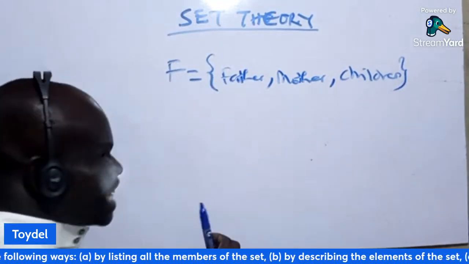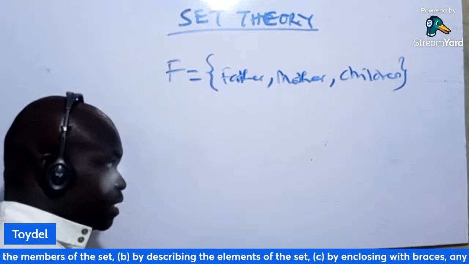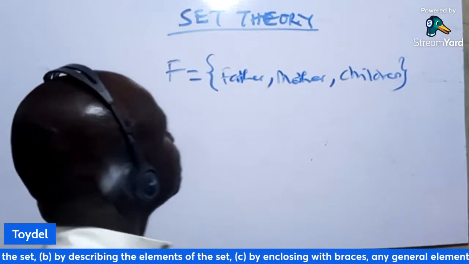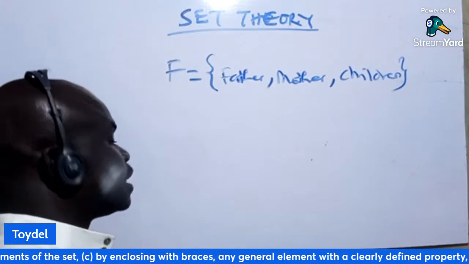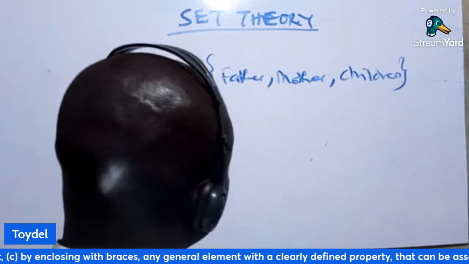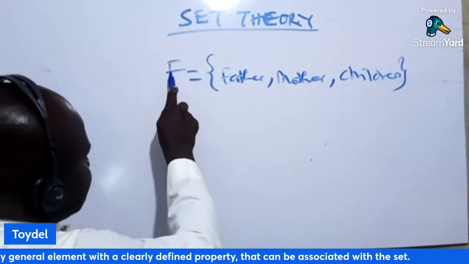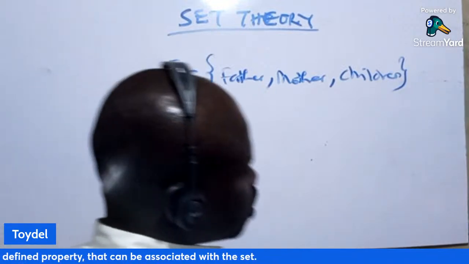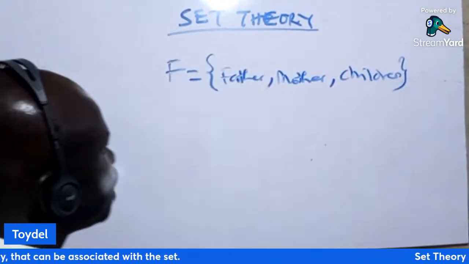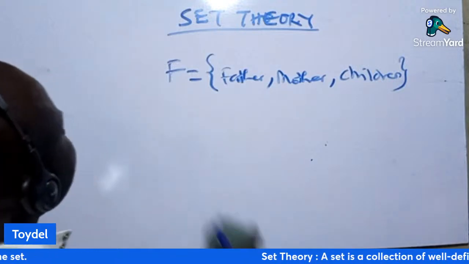A nuclear family is a family where you have father, mother, and the children, depending on the nature of the family. So in this case, this set F is clearly defined. So the word well defined must be specified whenever you are discussing a set.